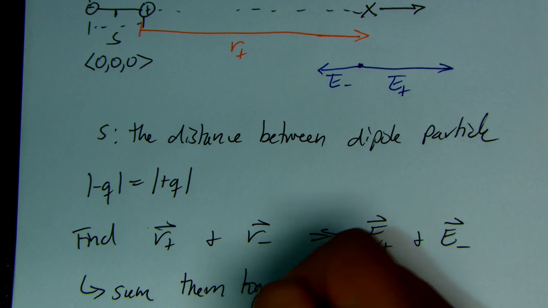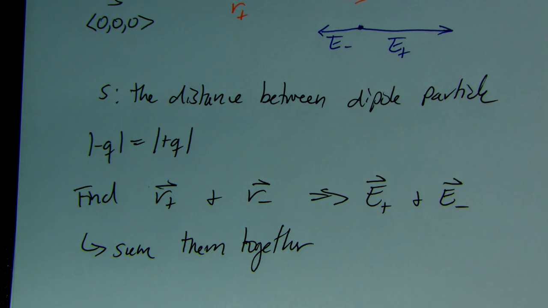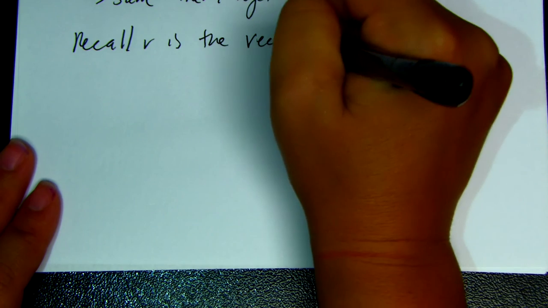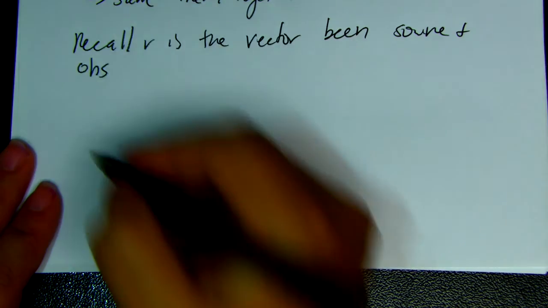So that is the basis of the superposition principle. All right, so let's go ahead and get started. So if we recall, r is the vector between the source and the observation.